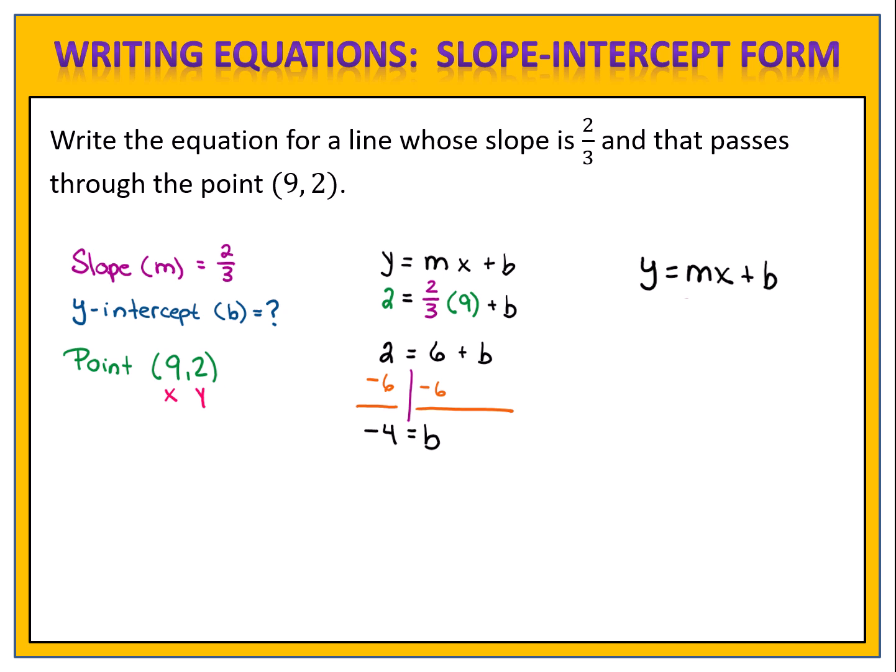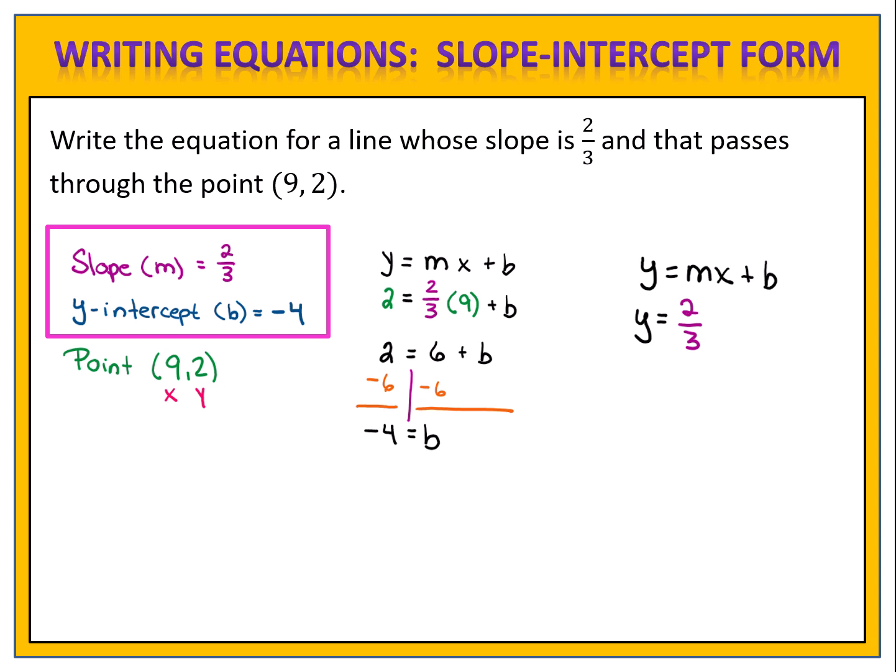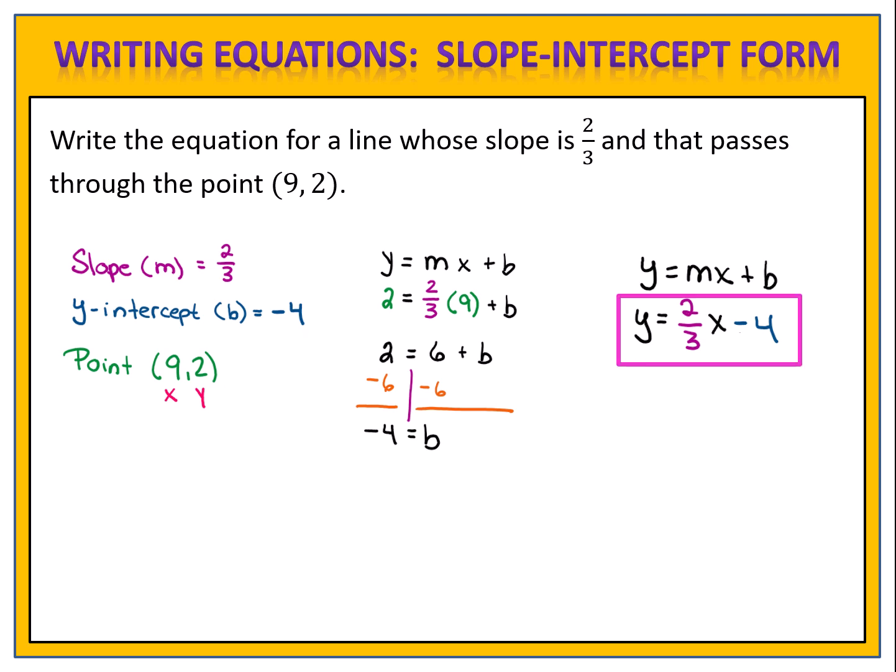Since -4 is the b value, we can conclude that -4 is the y-intercept. We now have the information that we need in order to write the equation of the line. y equals mx plus b: m is 2/3 times x, plus b, which is -4, so minus 4. This is the slope-intercept form of the equation.